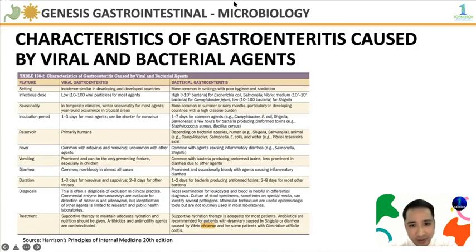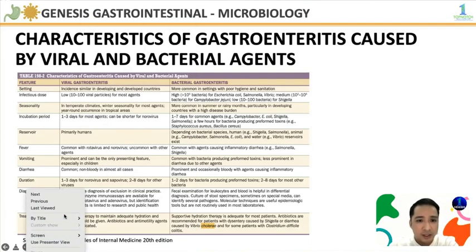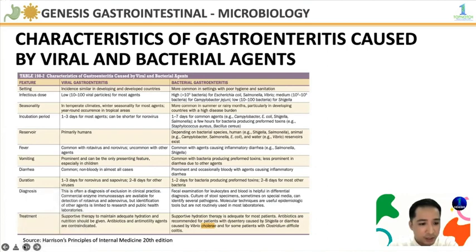So these are the different characteristics of viral and bacterial agents that can cause gastroenteritis, lifted from Harrison's Principles of Internal Medicine. Let's look at some important comparisons between viral gastroenteritis and gastroenteritis of bacterial origin. Usually, viral gastroenteritis has a low infectious dose, around 10 to 100 viral particles for most of the agents.